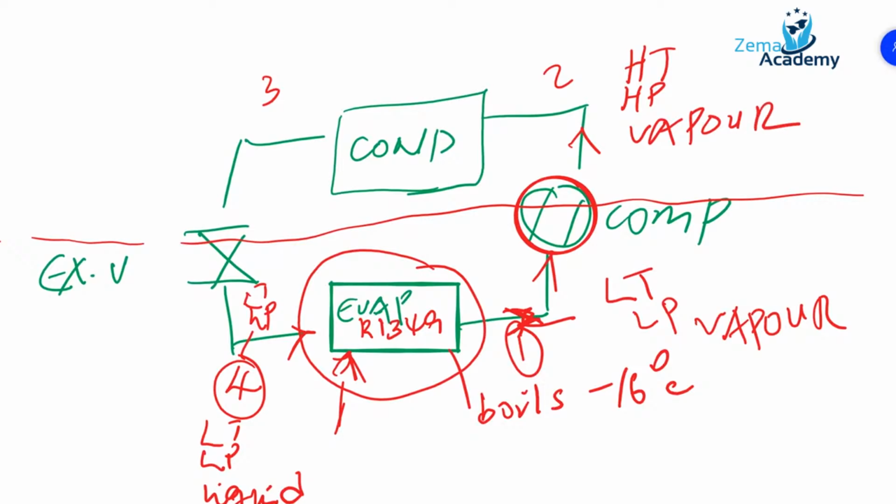Okay, and that is actually what we use for our application. So imagine here you have high temperature and high pressure vapor that you can use for different applications, whether for space heating or for hot water, depending on the application again. But the only way to extract that high temperature and high pressure is to pass it through a condenser.